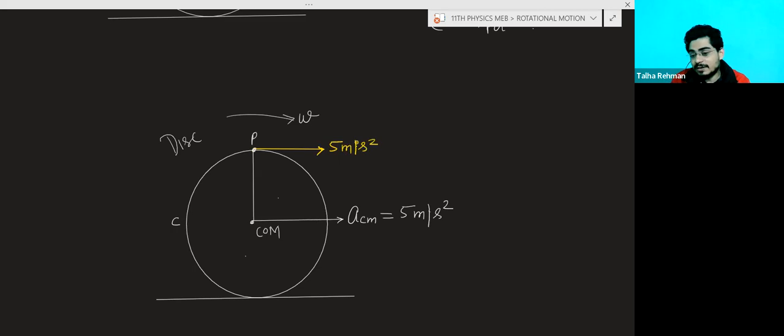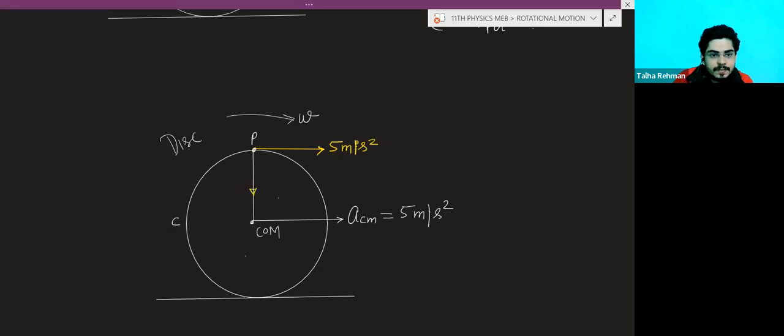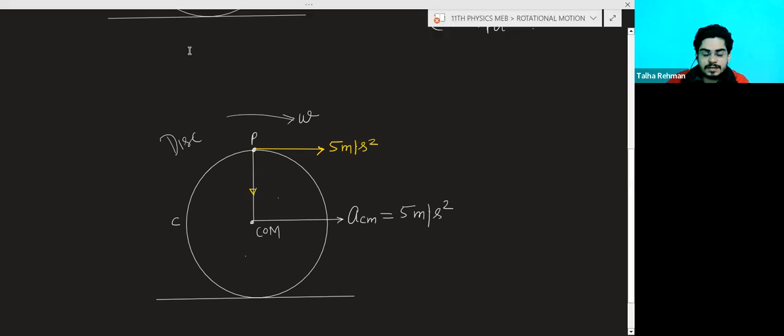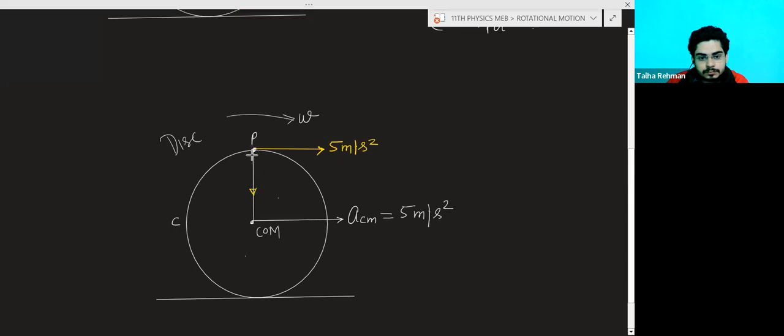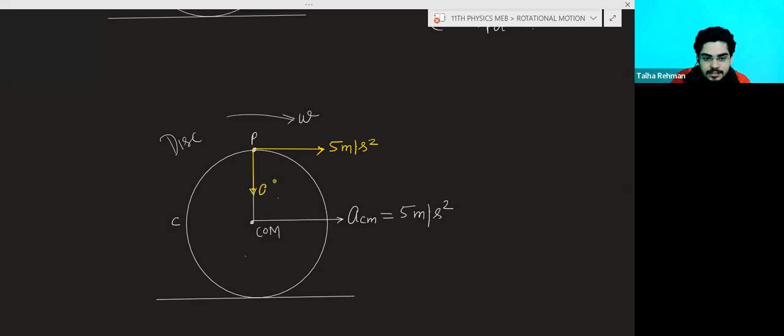Now there is another acceleration, centripetal acceleration at point P. That centripetal acceleration is equal to v square by r, and this is also given by r omega square.